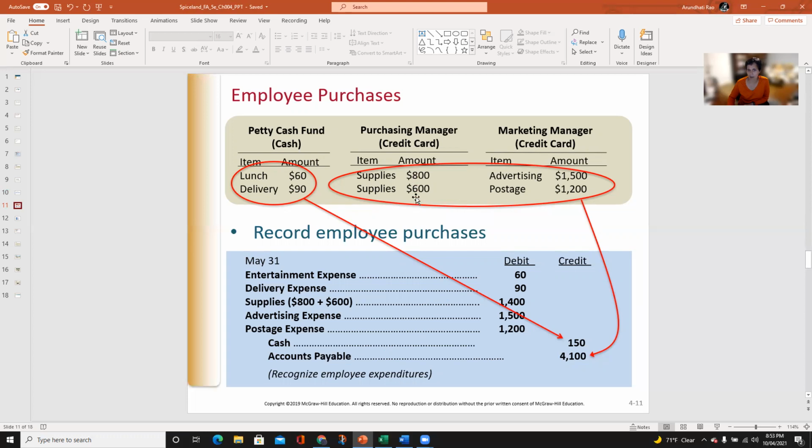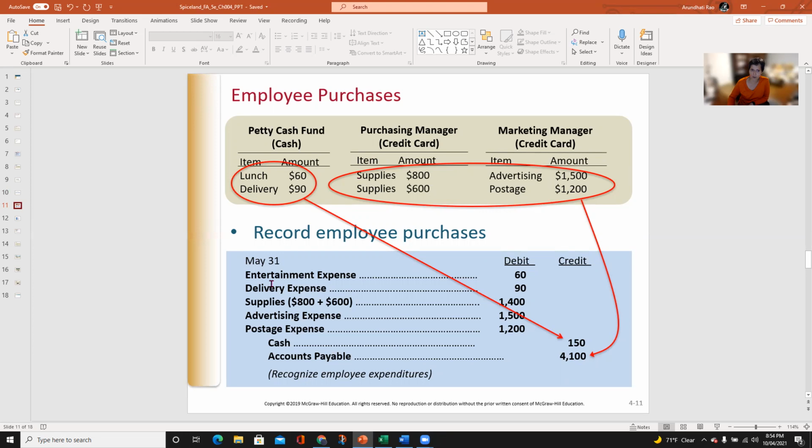Now the remaining amounts: supplies debit $1,400, advertising expense debit $1,500, postage expense debit $1,200, accounts payable credit $4,100. That's all the credit card amount because that has still to be paid. We spent the money, but we have not paid. These two, we spent the money, we incurred expenses, and we paid cash for it immediately.